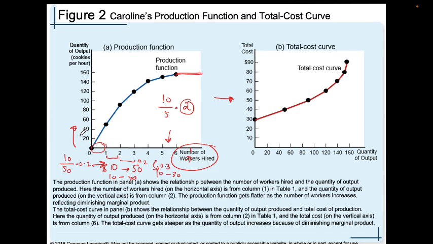I hope you understood this. This was something that we got stuck on in the last class. Hopefully this time we'll be able to understand why the cost curve becomes steeper as productivity goes up or output goes up.